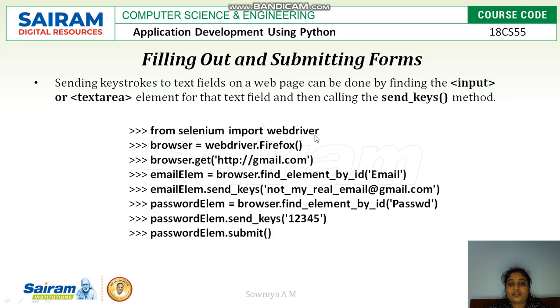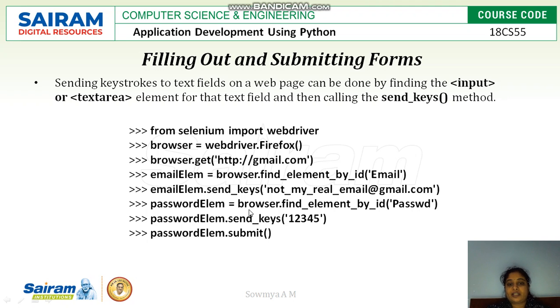So this is common: importing the Selenium module, then creating a browser object, then the get method for opening gmail.com with the help of the browser object. We find the element for email, then email element.send_keys. send_keys is the method which is used to send keys to the email element object, and we pass our email address.